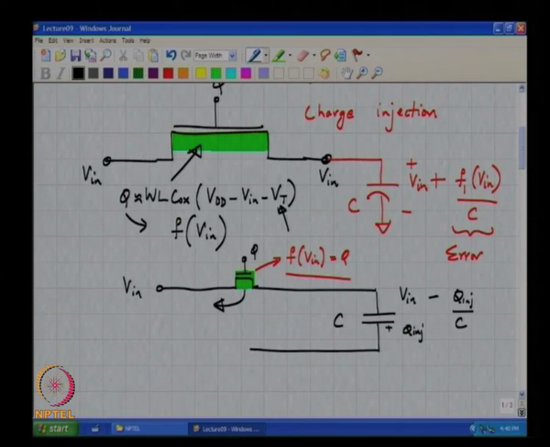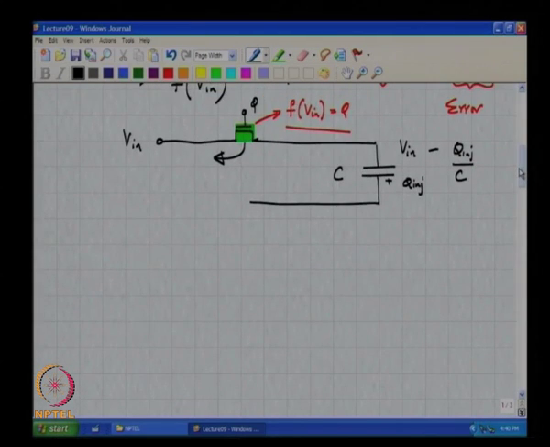So, this is another very crucial circuit technique that is used routinely in switch capacitor circuits, and this is called bottom plate sampling, often drawn in this way.